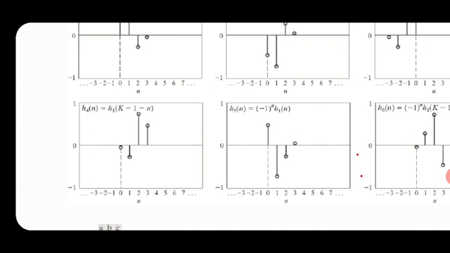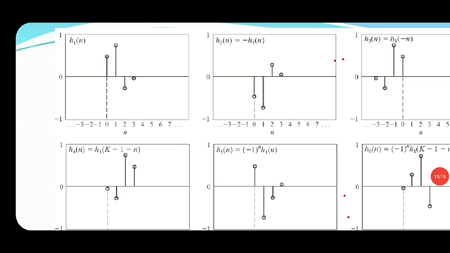Now in the fourth one, h4 of n is equal to h1 of k minus 1 minus n.